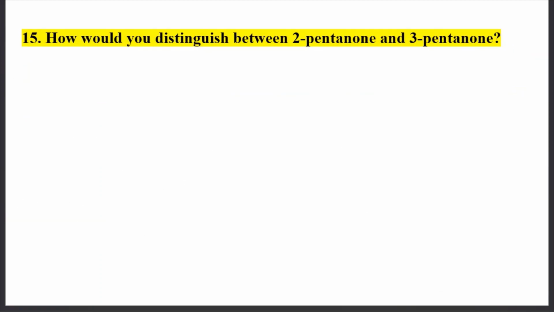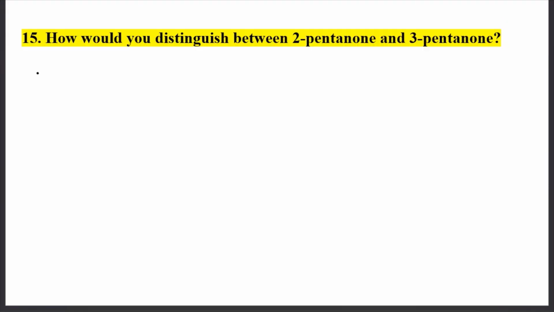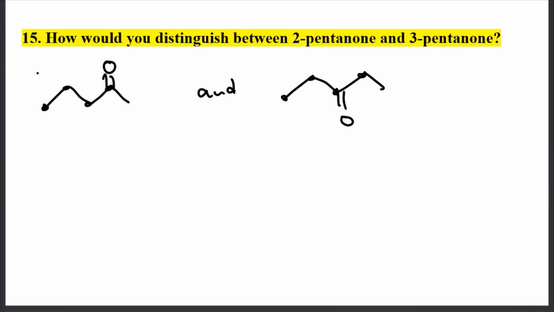Question 15. How do you distinguish between 2-pentanone, which is 1, 2, 3, 4, 5 here, and 3-pentanone, which is 1, 2, 3, 4, 5. They're both ketones. So how would you distinguish between these? The answer is very simple. 2-pentanone has got a terminal methyl here.